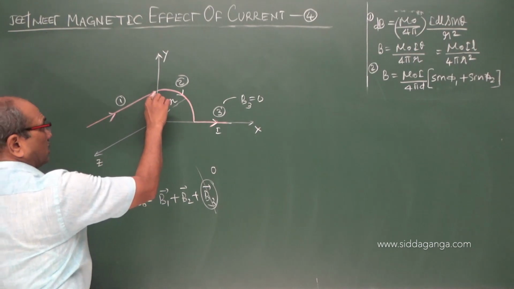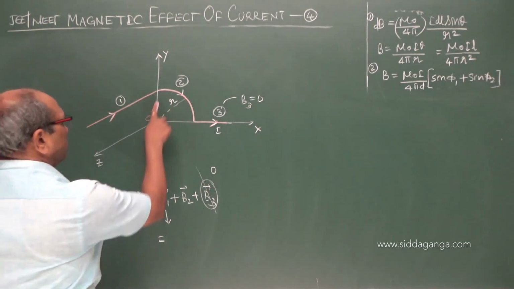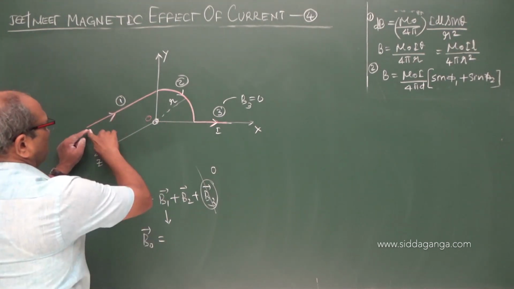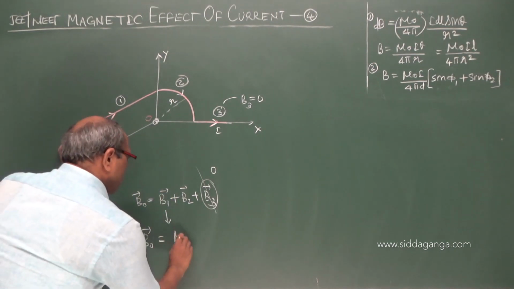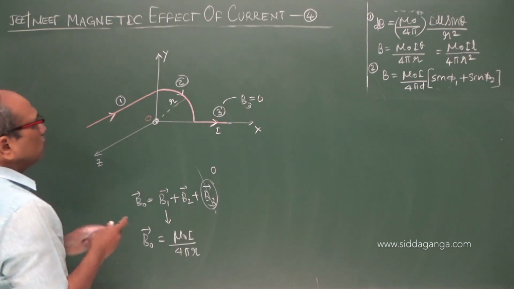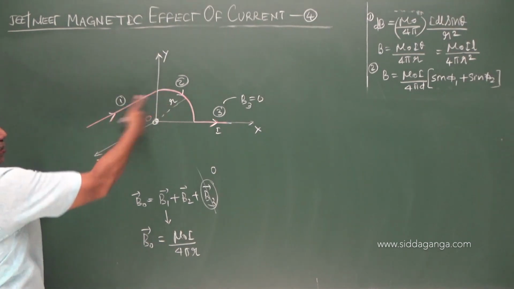But this is a straight conductor of half length. B1, if I write, magnitude is for half the length, one side, mu naught I by 4 pi r, and the direction is minus i. If you see, it is towards this.